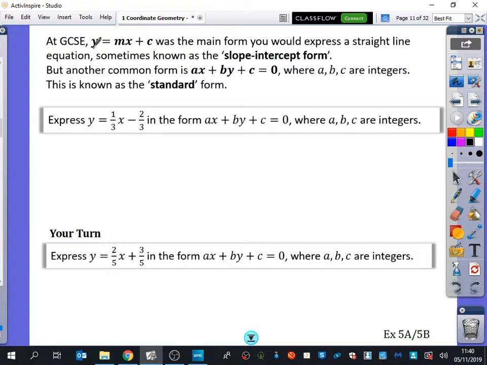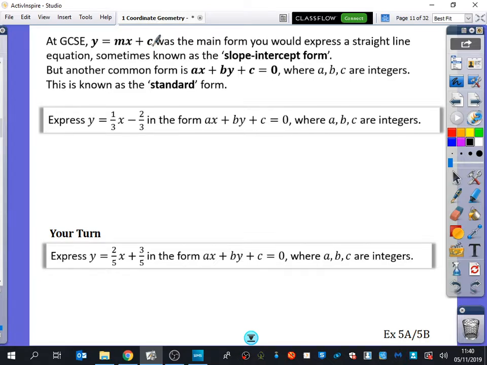Do you know what the word slope means? Yeah, lots of you are doing tilted arms for this. It's just another word for gradient. So that's why it's the slope-intercept form.